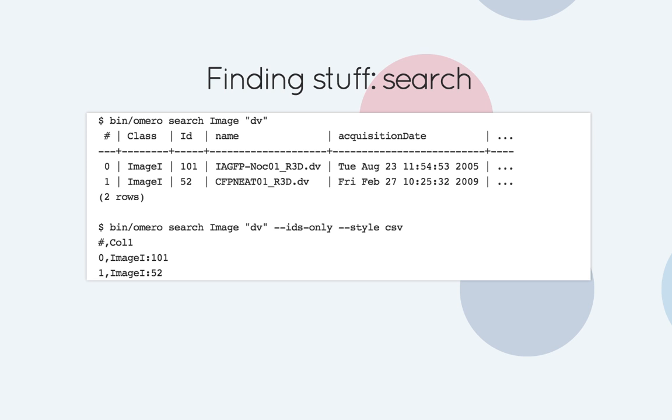If we use IDs only and the style CSV, rather than getting back the table of data which includes the name, the acquisition date, and a lot more information that I've truncated there, we just get back a very simple table with the object class names and the ID. So again, these could then be used in an automated way by parsing this CSV output.